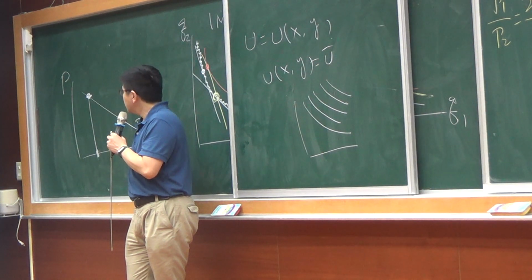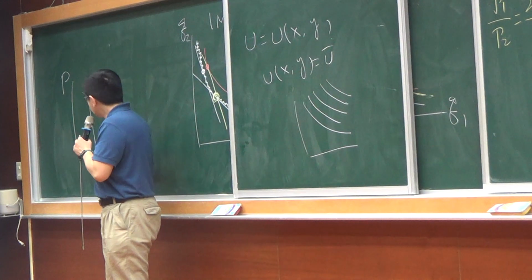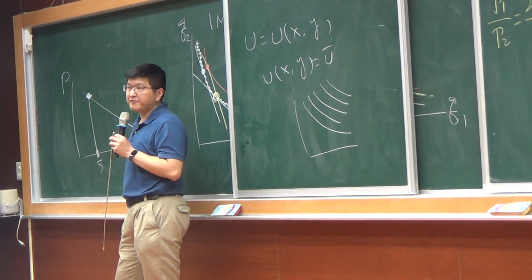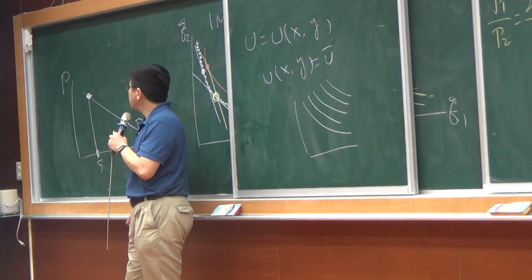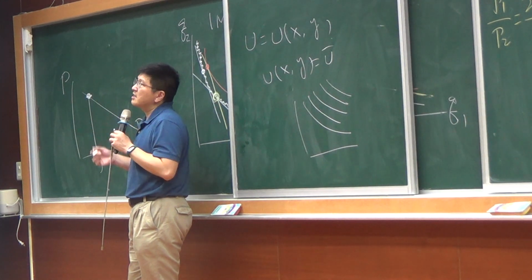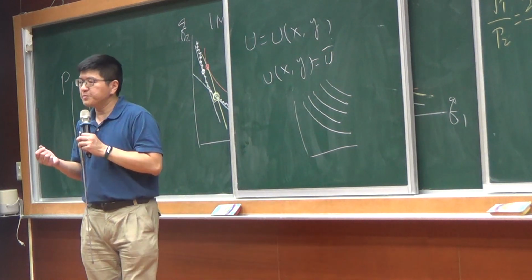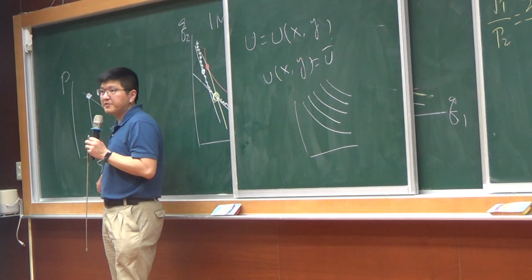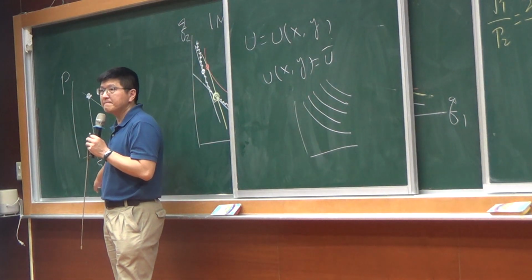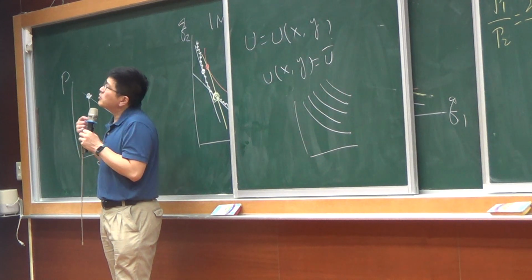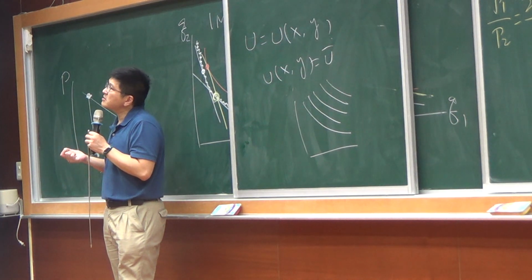So if you want me to buy, say, the fifth unit of this good, I just think, okay, how much pleasure I may derive from consuming the fifth unit of the good. Am I willing to pay $100? Yes.